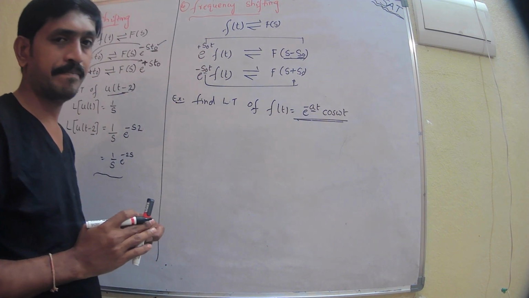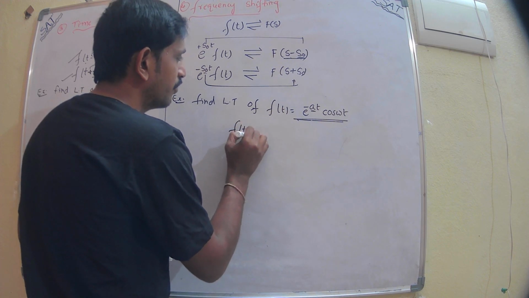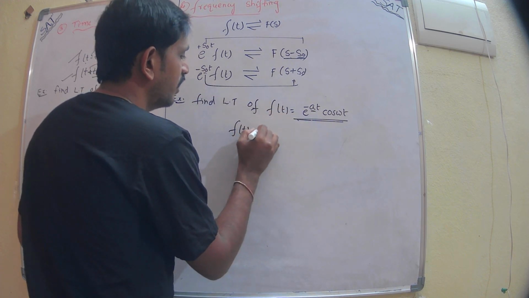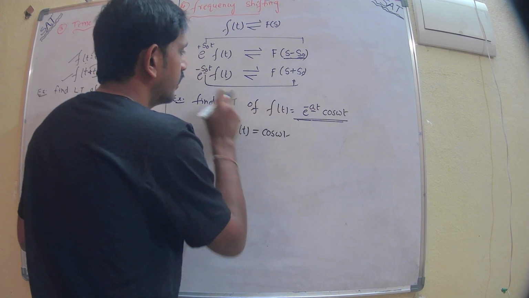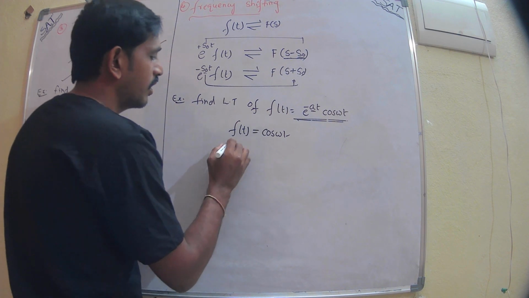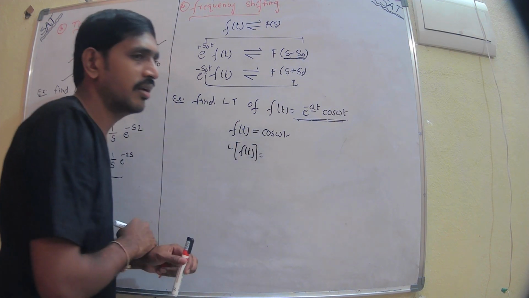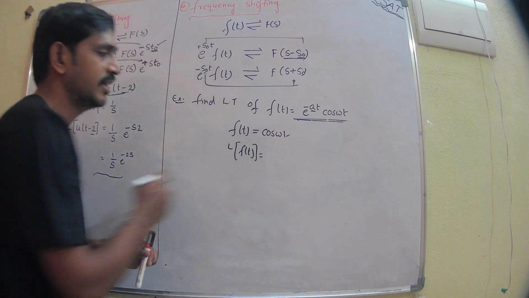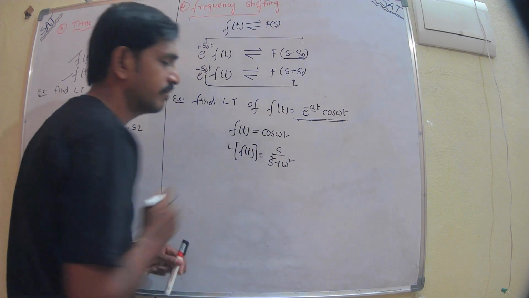a. So what is f of t here? If we compare this with the formula, f of t is equal to cos omega t. What is the Laplace transform of f of t? We have calculated it in the previous class, that is s by s square plus omega square.